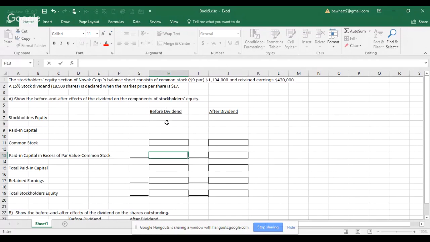Some of these boxes in the before dividend were just given, so we can just plug in. Our common stock, we're told, is 1,134,000. We have no paid-in capital in excess of par value common stock, so that's 0. We can add those two together to get our total paid-in capital.